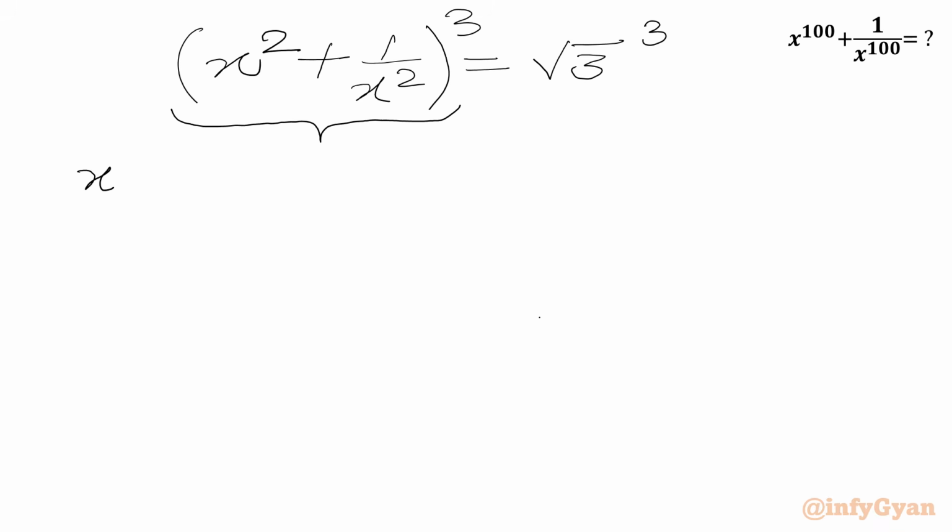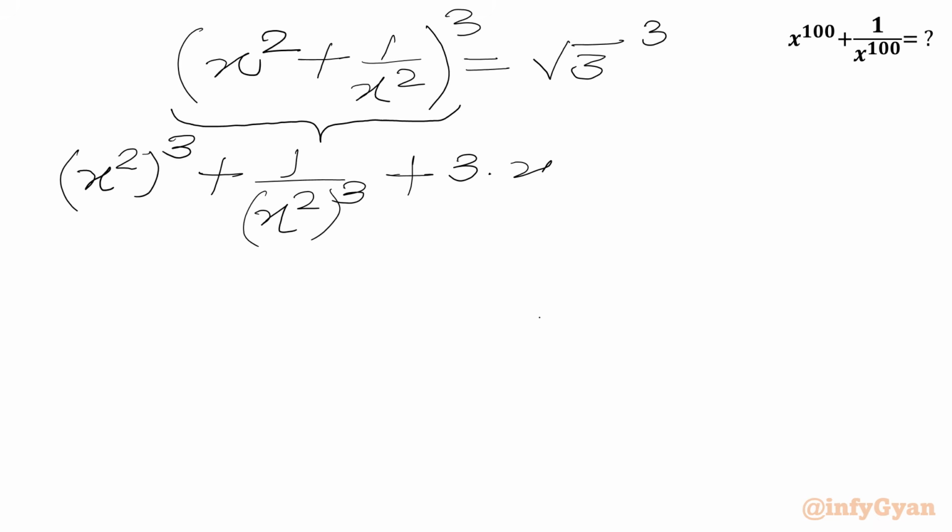So we can write a cube, which is x square whole cube, plus b cube, 1 over x square whole cube, plus 3 times ab, so 3 times x square times 1 over x square times a plus b, so x square plus 1 over x square.